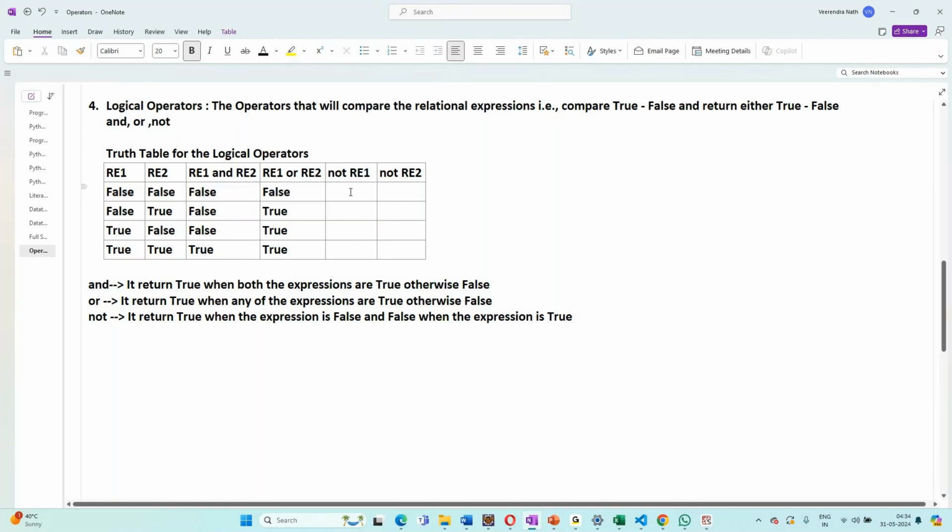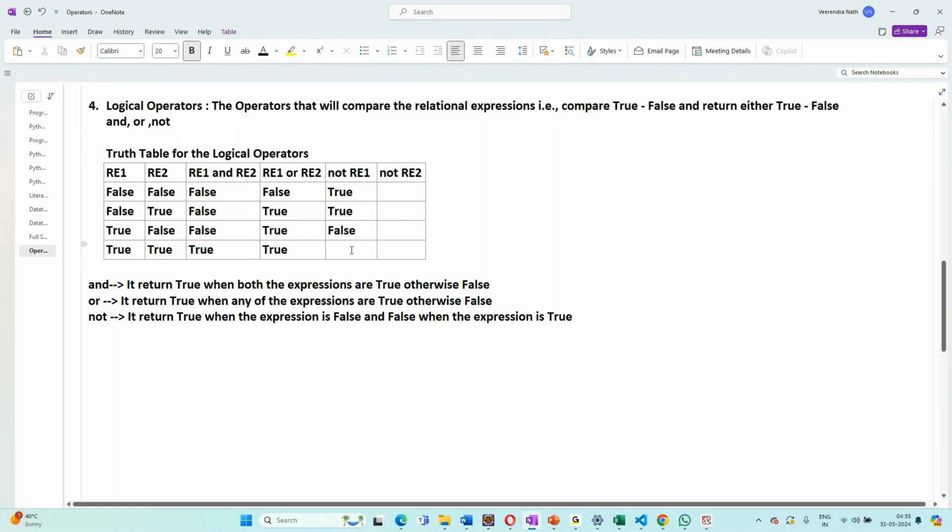Then not of RE1. What is not of RE1 here? Opposite of RE1. Means if this is false, not will be true. If this is true, not will be false.